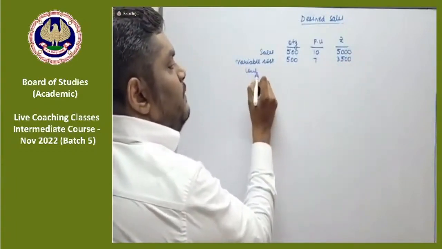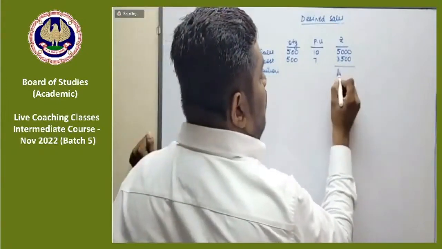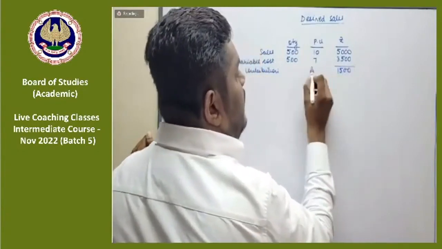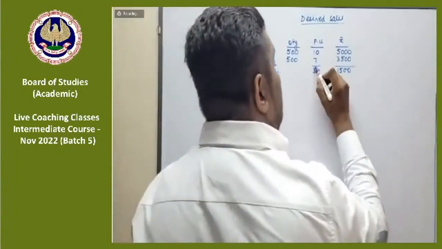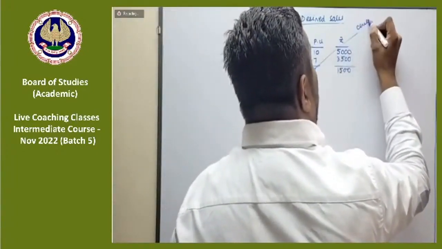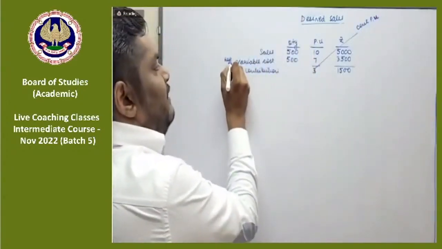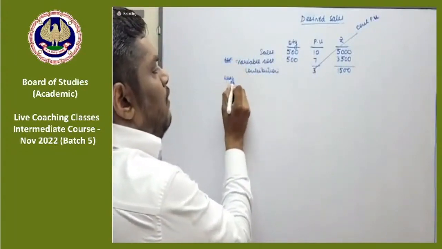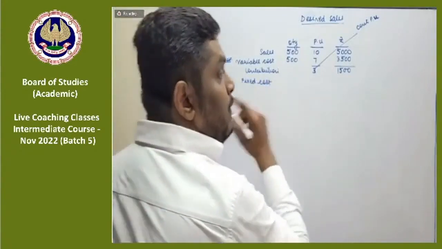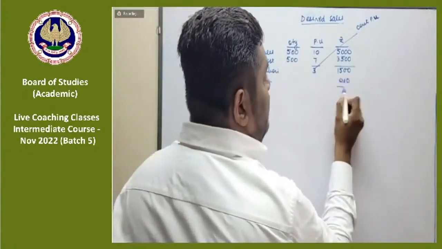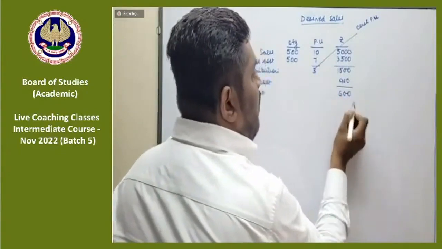So the per unit contribution will be rupees 3. Less, we will deduct the fixed cost. Let's say my fixed cost is 900. So my profit will be 600.